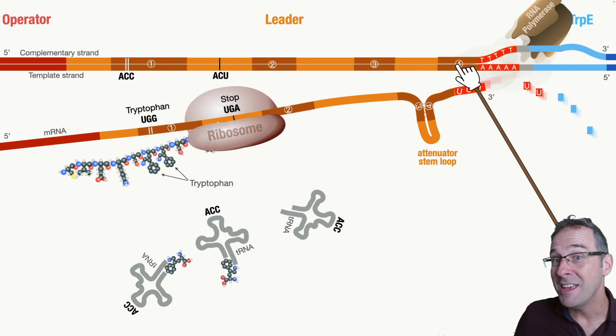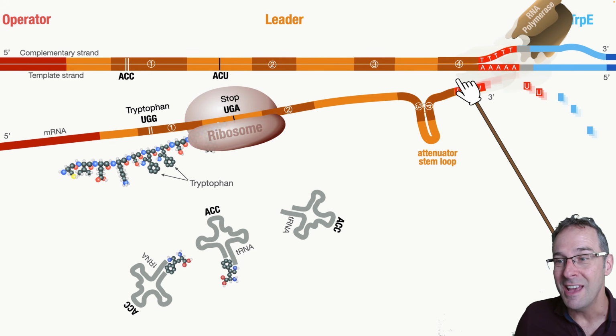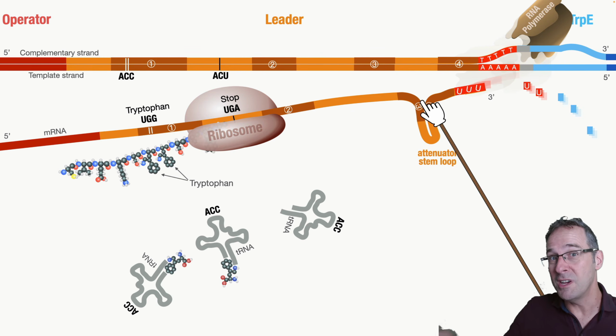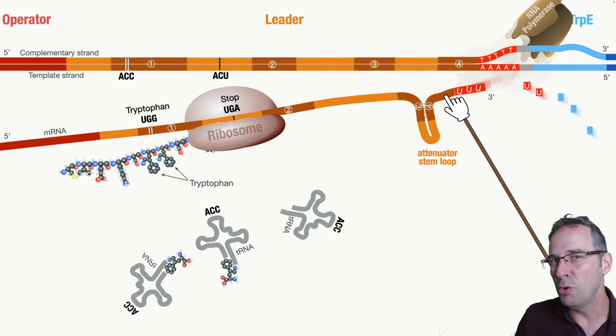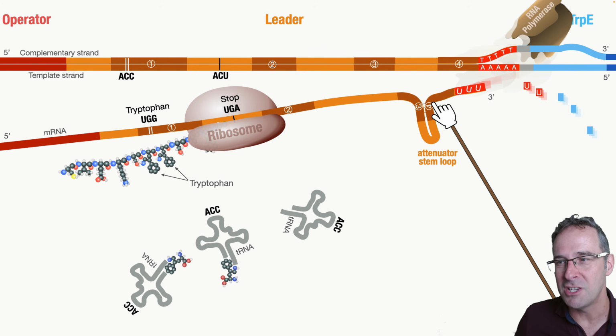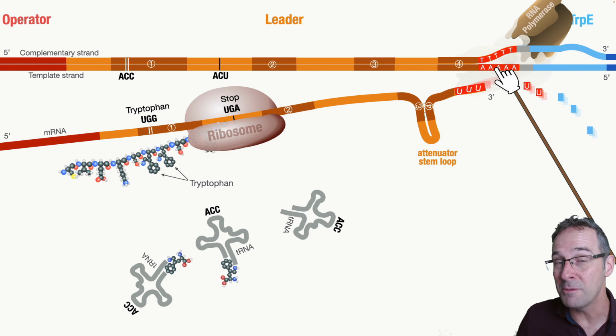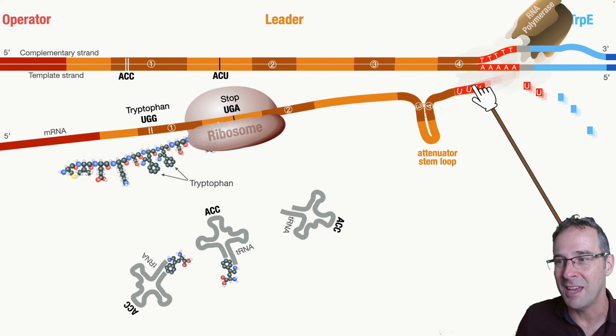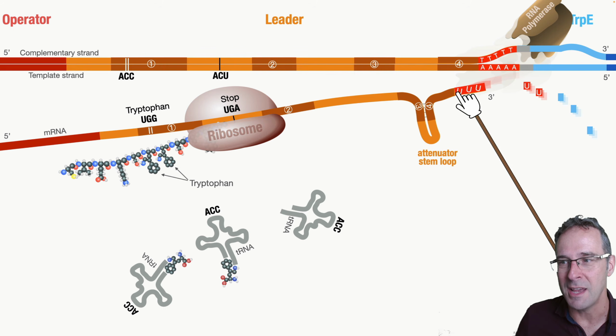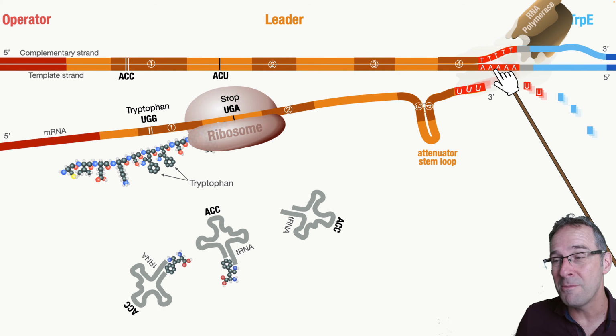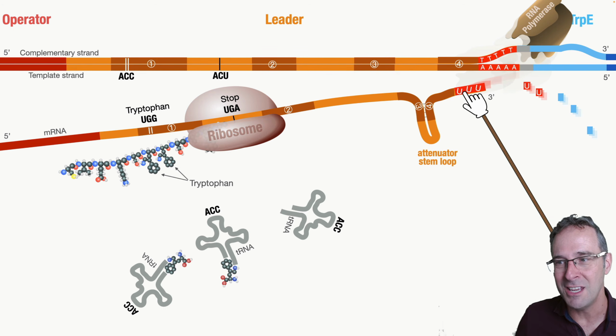Region 4 is attracted to region 3. So it pulls towards region 3. And as it pulls towards region 3, it yanks the messenger RNA away from the template strand of the DNA. The tension as it pulls this way is enough to pull it away.